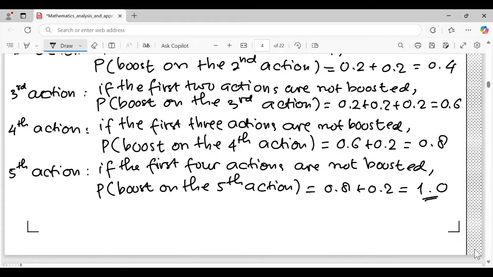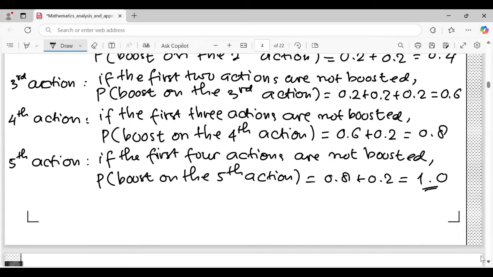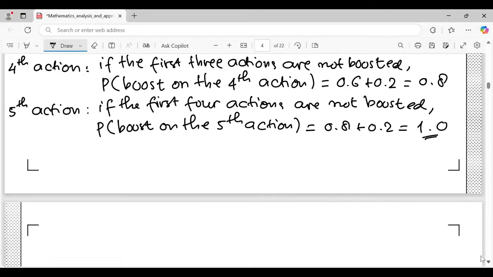So after the fifth action, the probability of a boost is 1.0.